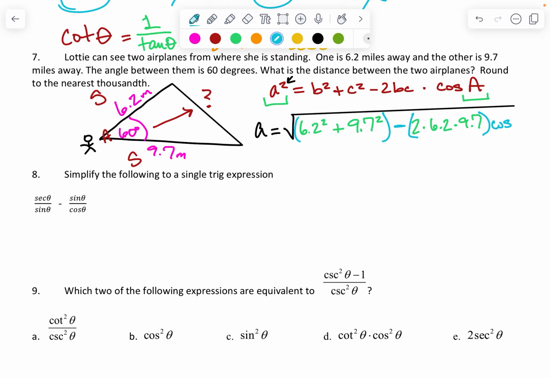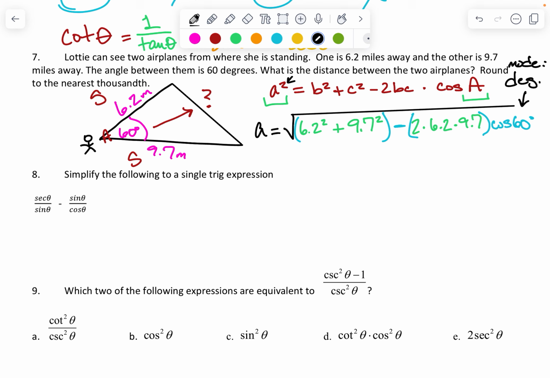So cosine of 60. Now, first thing that you need to check before you do anything with your calculator, this angle was given to us in degrees. You need to make sure that your calculator is in degree mode, okay?